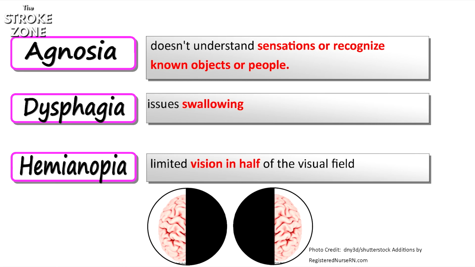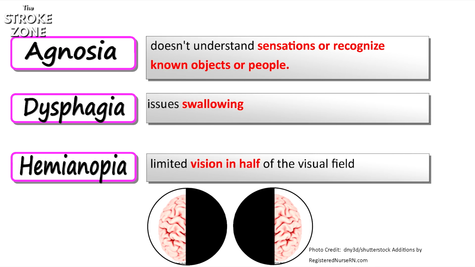And lastly, they can experience a condition of the eyes called hemianopia. And this is where they have limited vision in half of the visual field. And below this is a little example of hemianopia. And for instance, this is just a certain type. The patient maybe is looking and they only see in each eye half of the object that they're looking at, and the other part they can't see.